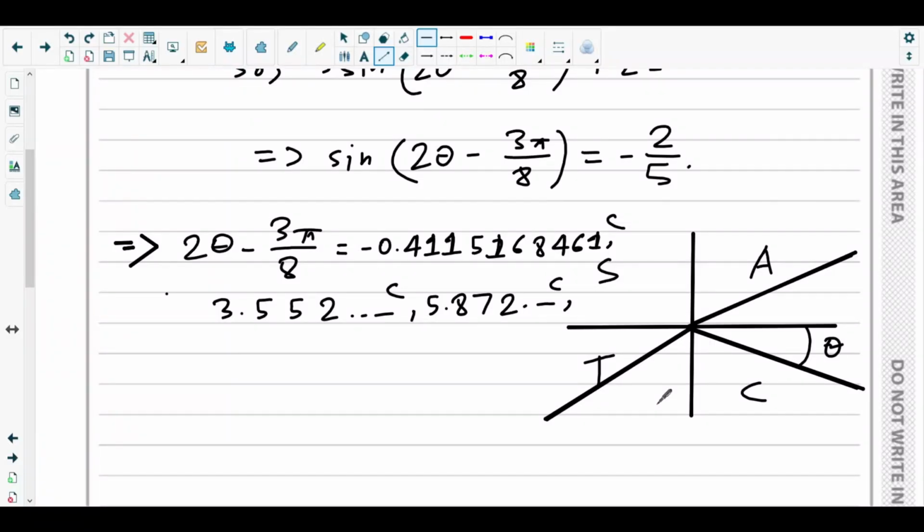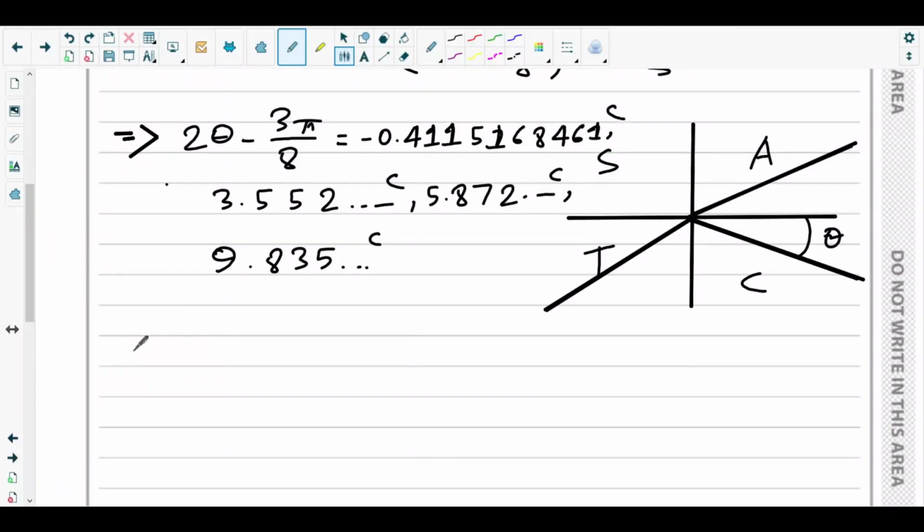So 3 times 3.1416 plus 0.411 gives 9.835 radian.